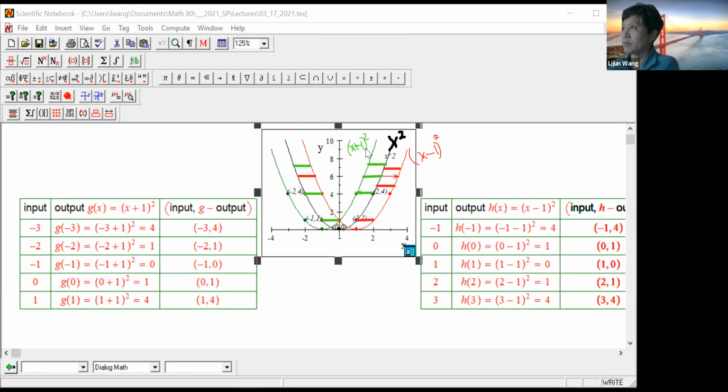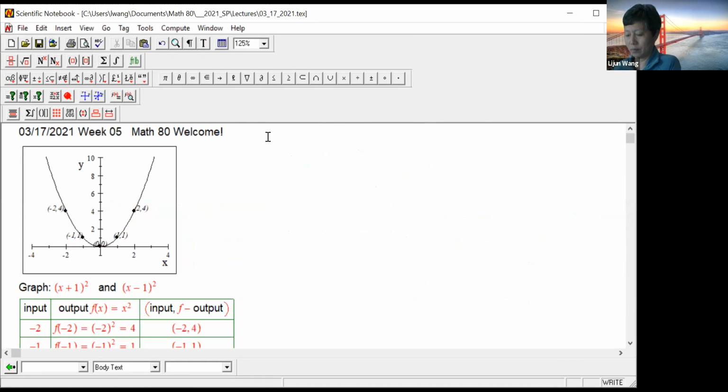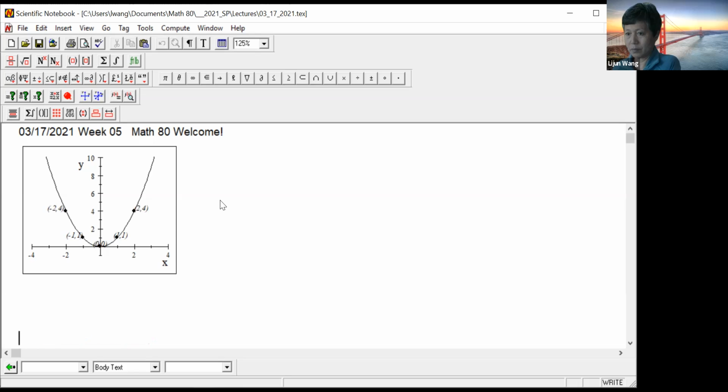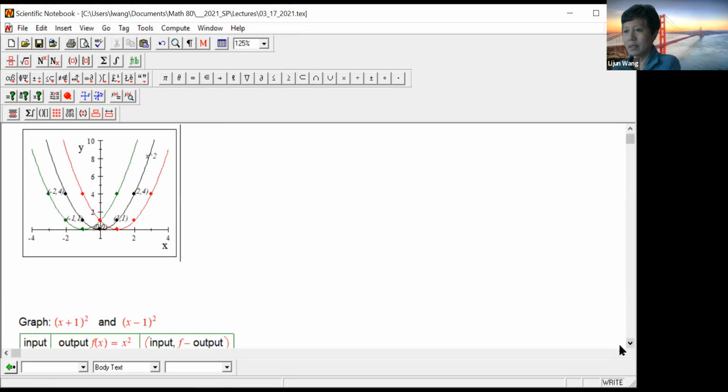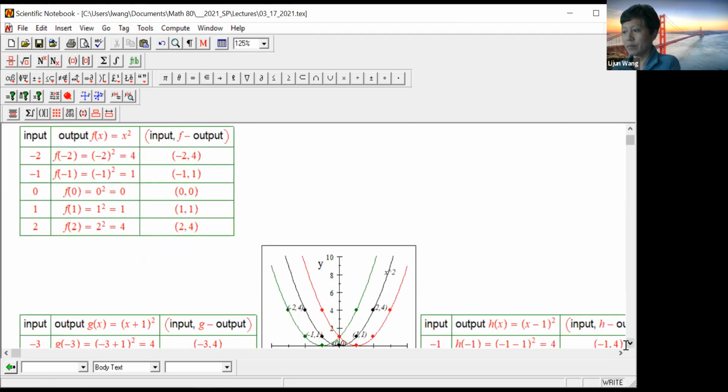Ready? Okay. Let's summarize. What have we done since last time? We've done this shifting. This is what we did most recently. And what else have we done?